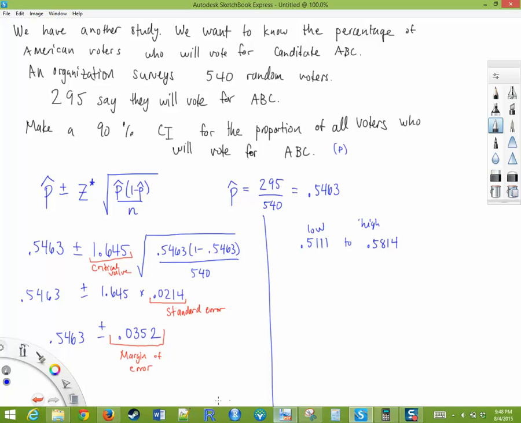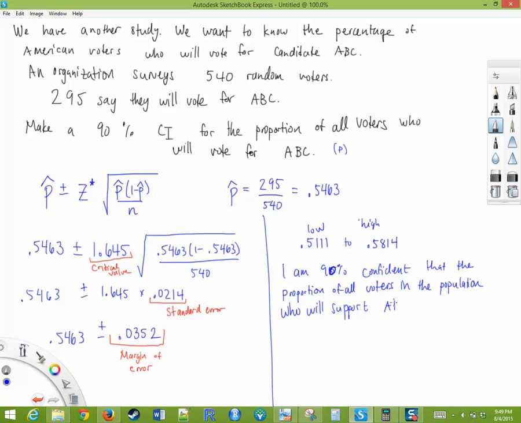Now I can say something like I am 95%, or not 95, 90% confident, I apologize, 90% confident that the proportion of all voters in the population who will support ABC is between 0.5111 and 0.5814.